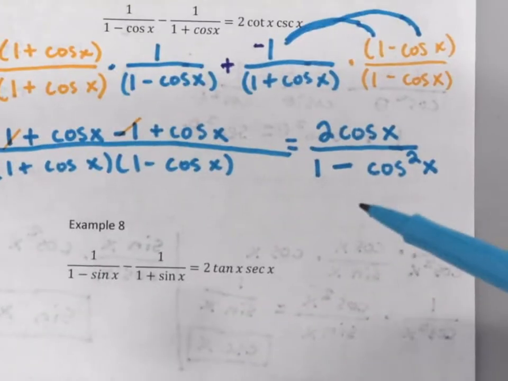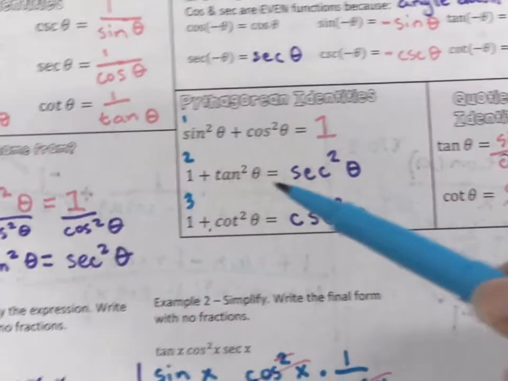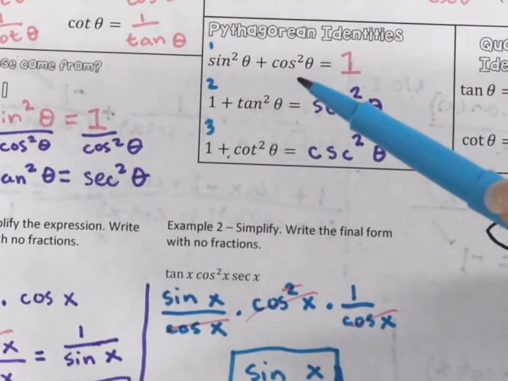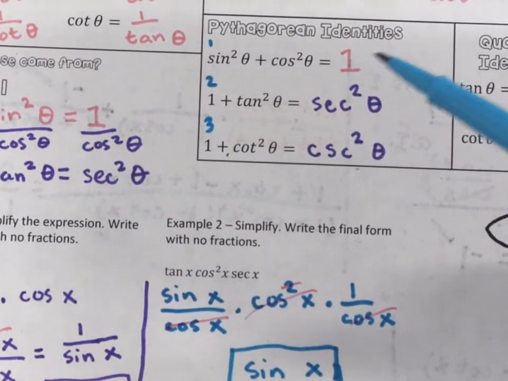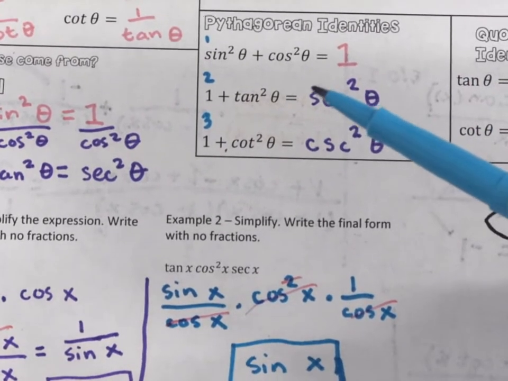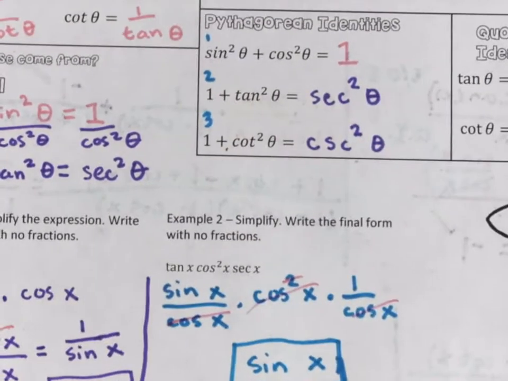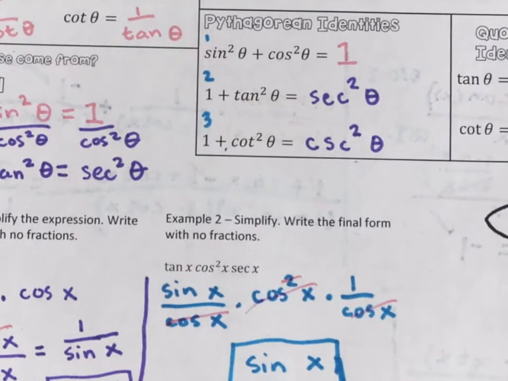So let's see, could I make it look like 1 minus cosine squared? Could I change this equation to make it look like that? Could I subtract cosine squared from each side? So in other words, could I say minus cosine squared minus cosine squared? Yes.